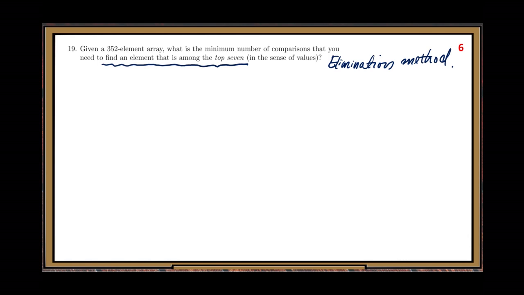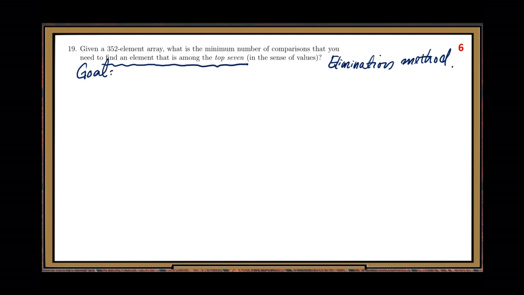From this goal, let's try to interpret it. What is the meaning? What property must an element have if it is among the top 7?